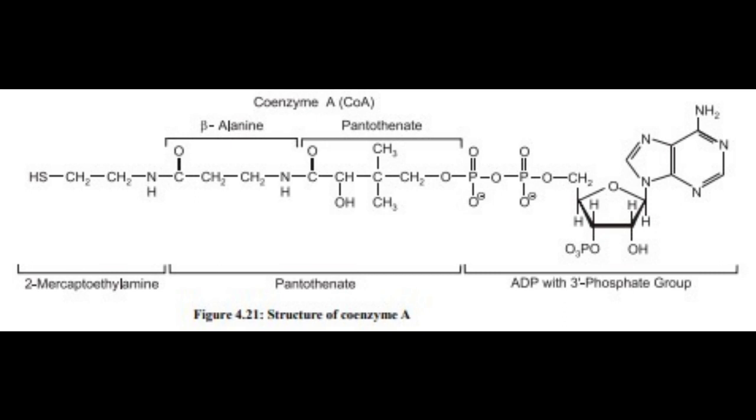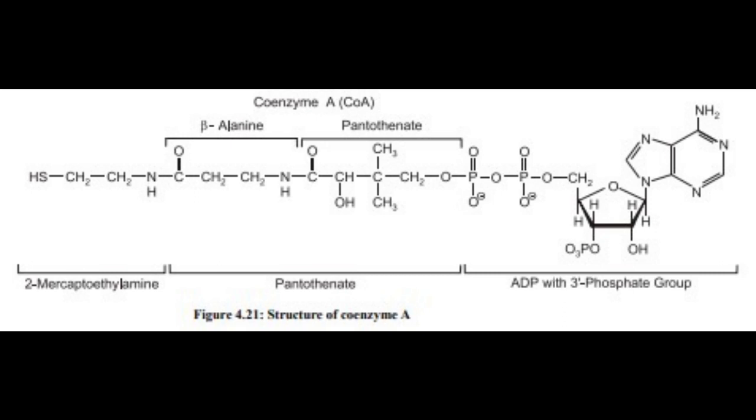It gives rise to acyl-CoA derivatives that are mainly formed in ATP-dependent synthetase reactions. These are highly reactive and participate in various types of reactions. For example, oxaloacetate is converted to citrate in presence of citrate synthetase by accepting acyl group of acyl-CoA.